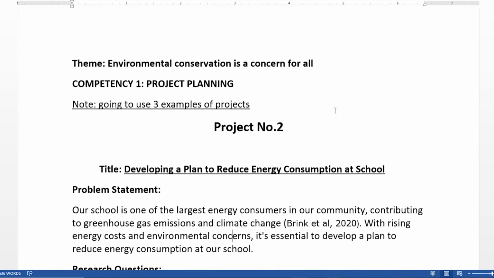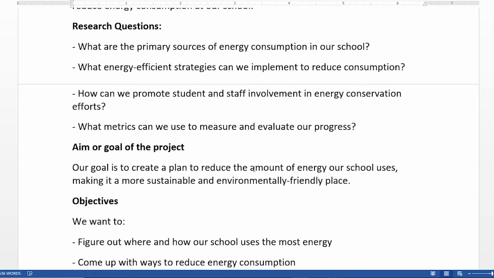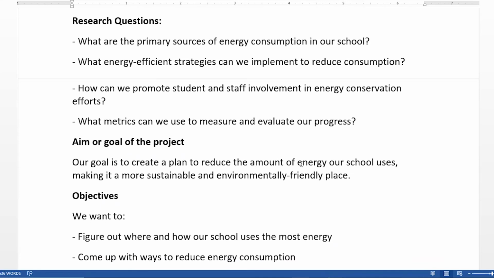Our title was Developing a Plan to Reduce Energy Consumption, and the purpose is reflecting that. And also, by reducing that, the learner will be conserving the environment because this energy affects the climate, so therefore it is related.